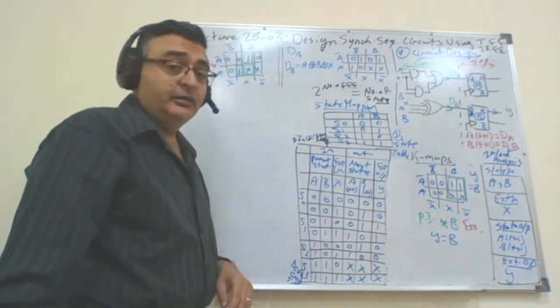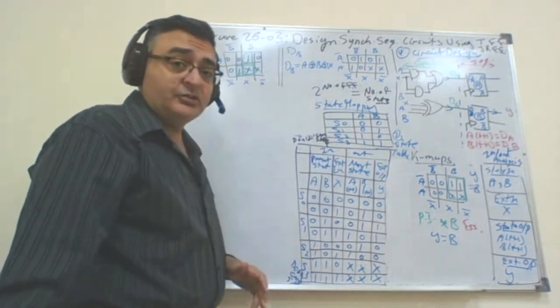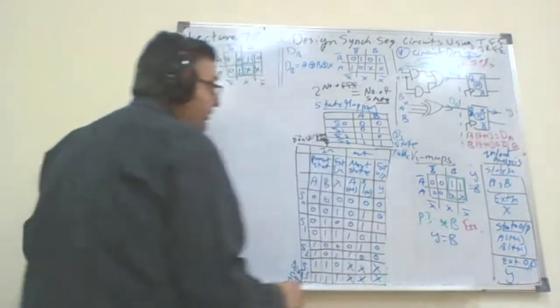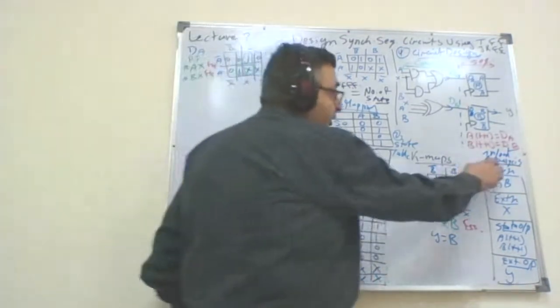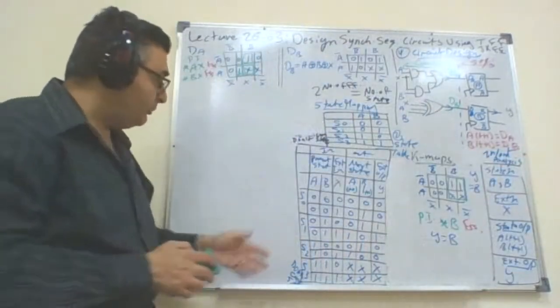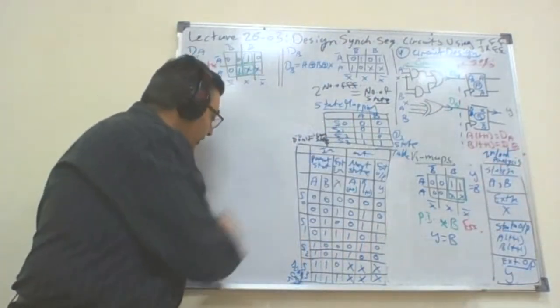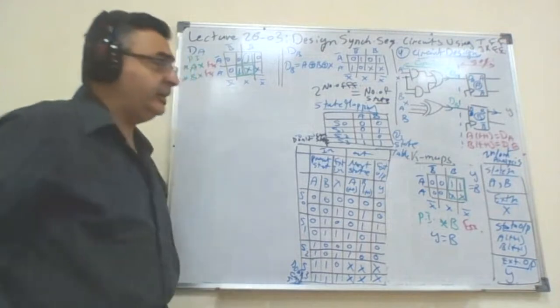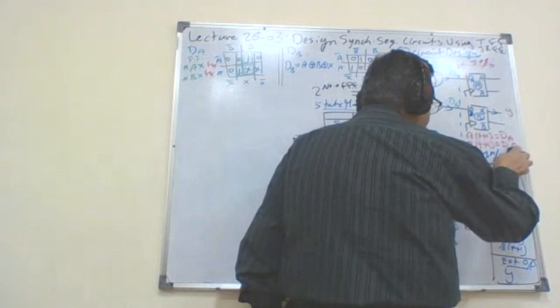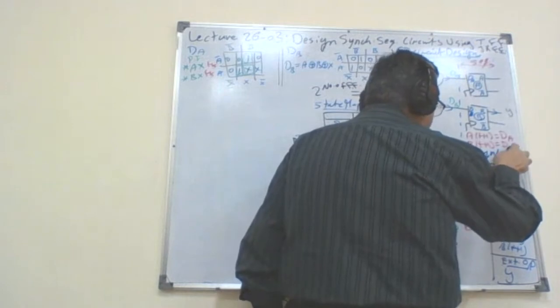Not only that, the surprise is that the input-output analysis, the number of inputs and the number of outputs for the circuit, do you think that this will make any difference? There is no difference. So this part related to the input-output analysis will be the same.